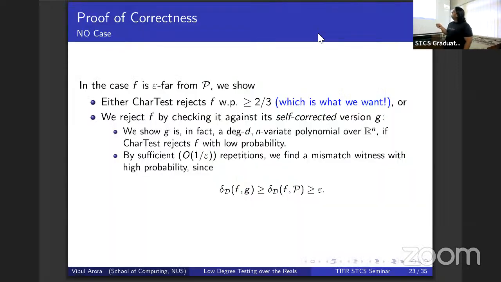And since by premise f is epsilon far from P, f is also epsilon far from g. So delta of f, g is at least epsilon, and then by sufficiently many repetitions, order 1 by epsilon many repetitions, you would find a mismatch witness with high probability. So at this point, you're just comparing f with g.